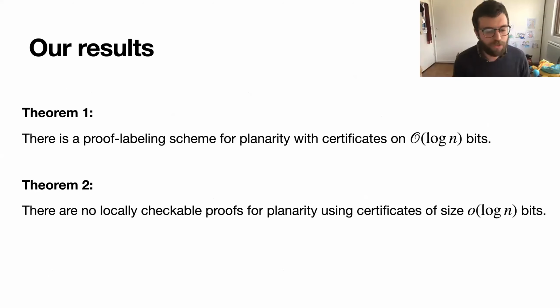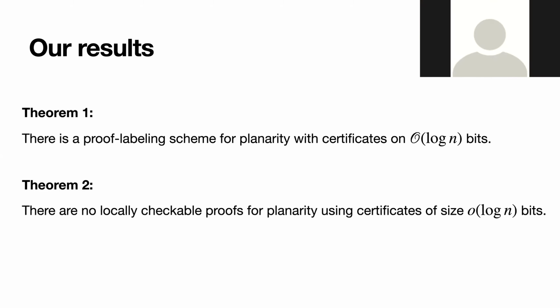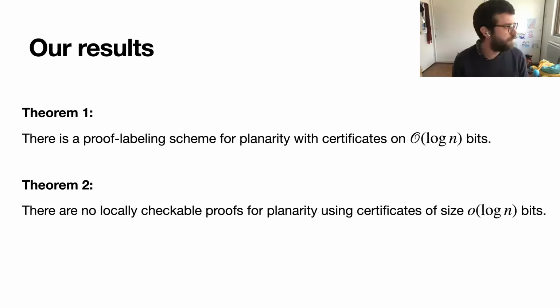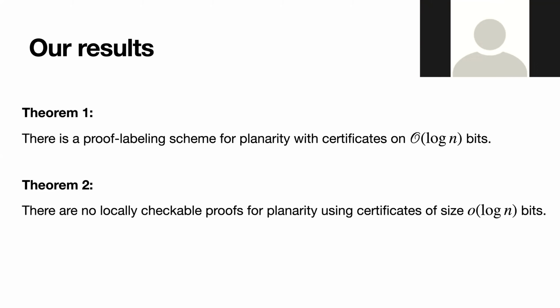To be precise, what we show is that if you have a class of graphs that is defined by a set of forbidden graphs that are cliques or complete bipartite graphs, you need order of log n bits of certificates. So it's cliques or complete bipartite, or both. That's what I didn't get. I said, and like planar graphs. Okay. Yes. Okay. Thank you.